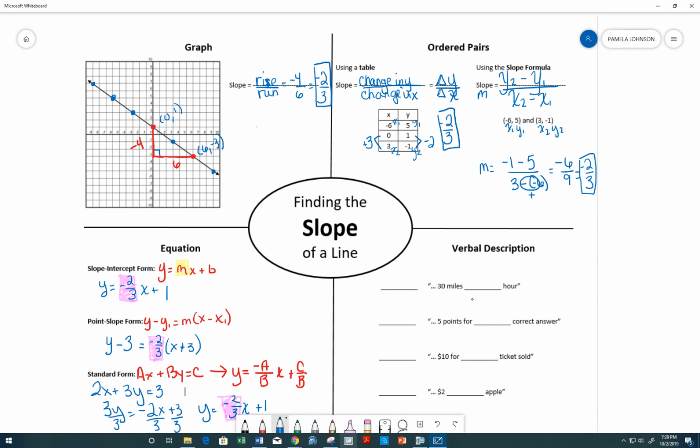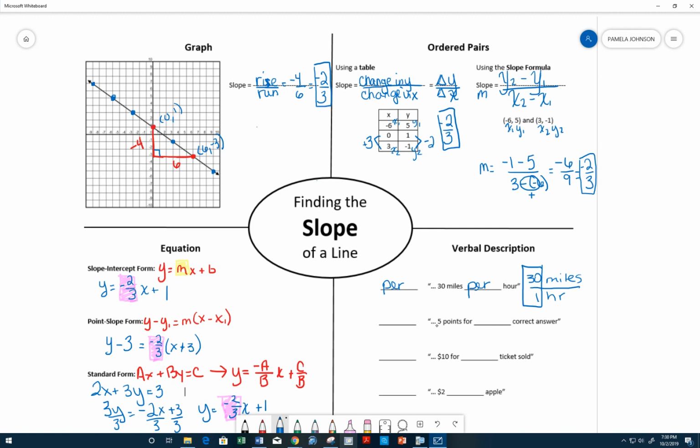Think about 30 miles per hour. Okay? So if you see the word per, that's your slope. This would be 30 miles per hour. Okay? And this 30 over 1 is the slope. Once we have those units in there, that's our rate of change. Okay, so again, slope and rate of change are the same thing. It's just rate of change uses some kind of units on it.